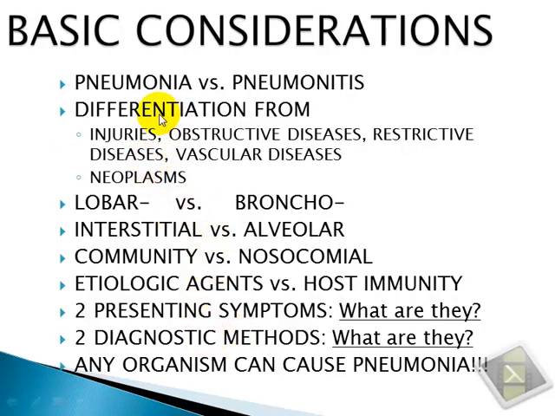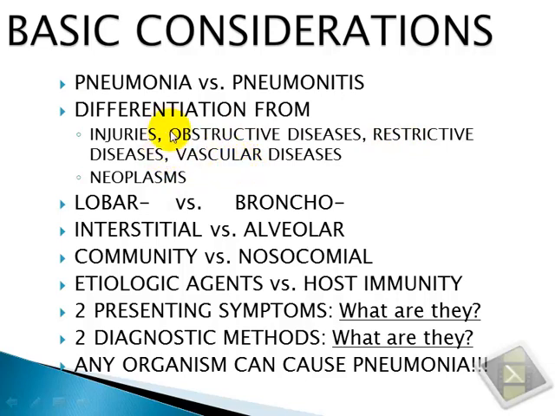Some general principles or basic considerations, as I have discussed earlier: pneumonia versus pneumonitis. Pneumonitis is no longer used, so the major term used is pneumonia. Now you have to differentiate this from a lot of things: injuries, obstructive diseases, restrictive lung diseases, vascular diseases, and so on.